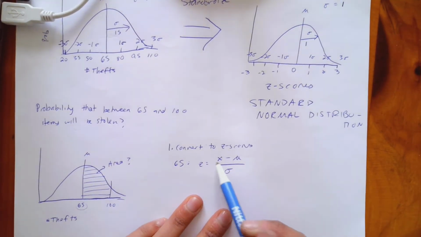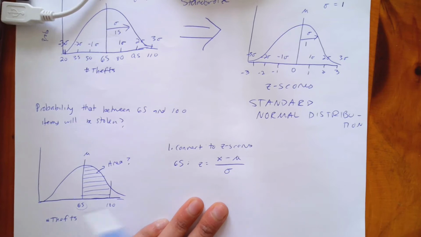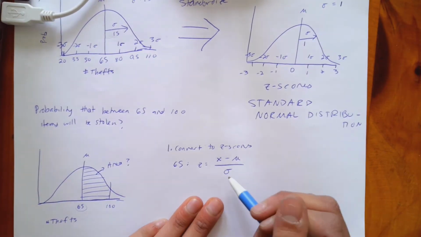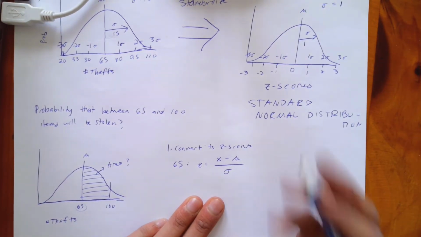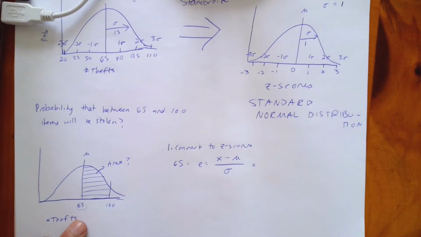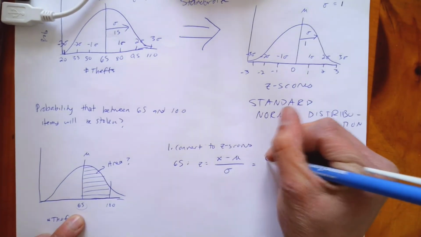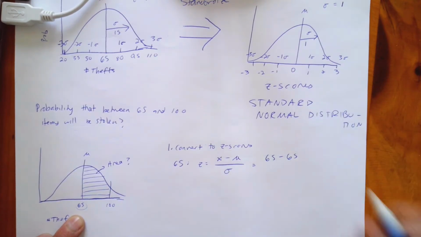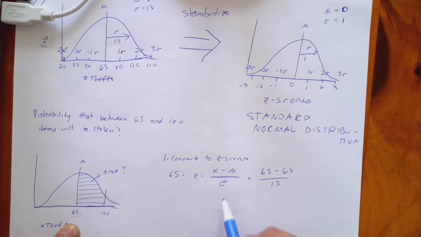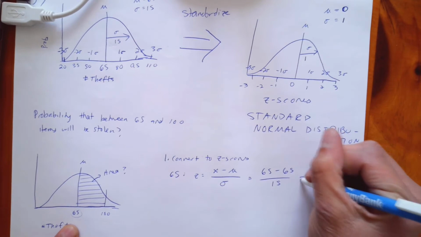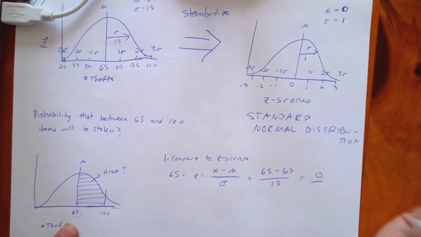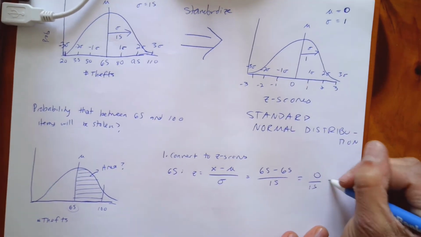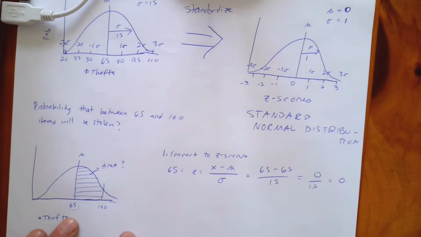So we have x minus mu over sigma, or our value of interest minus the mean divided by the standard deviation. Here, our value of interest is the same thing as the mean, so we'll be plugging in 65 for x, 65 for mu, because that's the mean as well, and dividing by 15, which is our standard deviation. 65 minus 65, of course, is 0, so you end up with 0 over 15 and a z-score of 0.